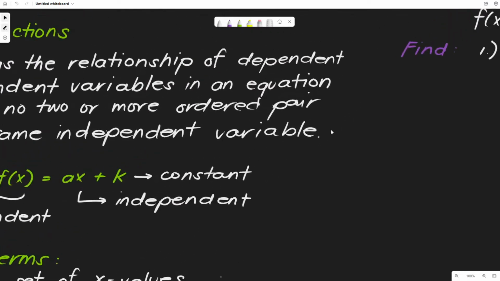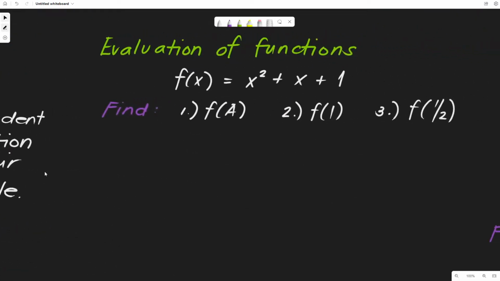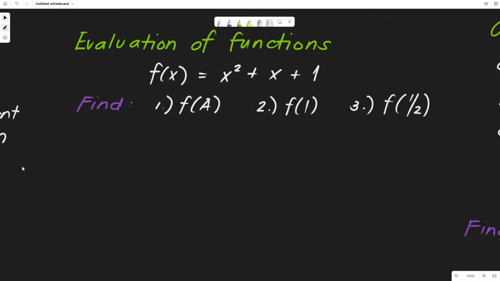Let's proceed with the evaluation of functions. How do we actually evaluate a function? Usually, this is the format of our functions: f of x is equal to something, depending on what is given.